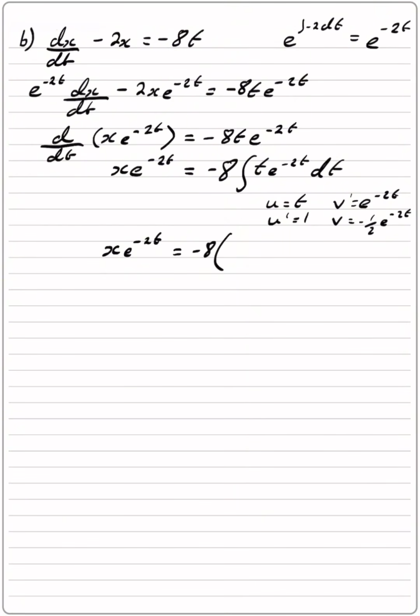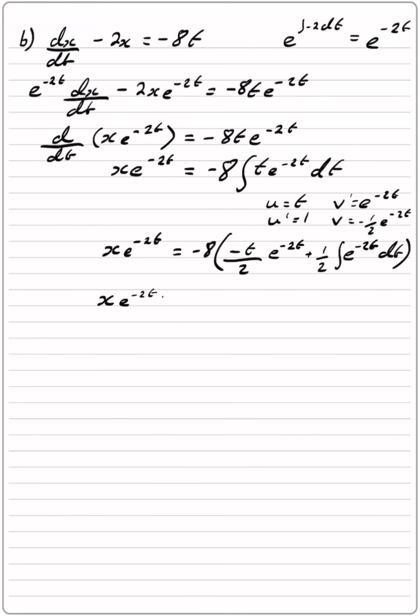So we now have x e to the negative 2t will be equal to negative 8 lots of, and then u times v, subtract the integral of v du dx, whatever way you like to think about integration by parts. I'll take the half out the front for the second integral. And we can calculate and expand all of that out.